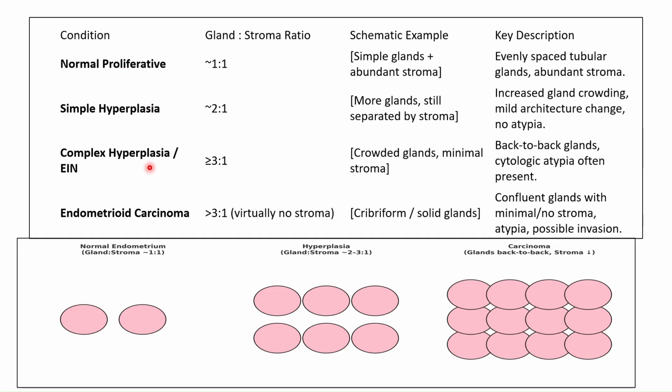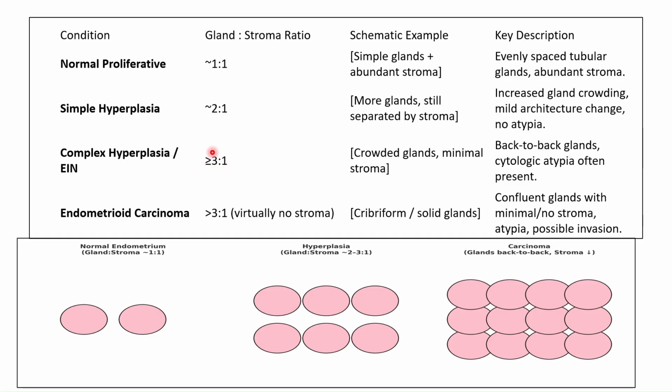Now simple hyperplasia and complex hyperplasia show 2:1 and 3:1 gland to stroma ratio. Here more glands are there and still separated by stroma. Increased glandular crowding, mild architectural change, and no atypia. Right? So this is simple hyperplasia.